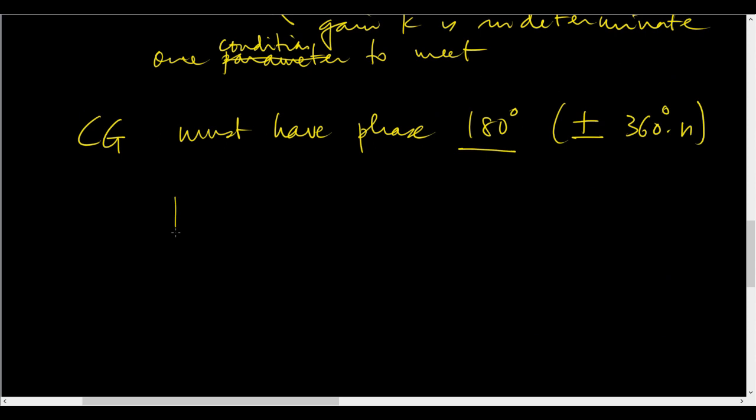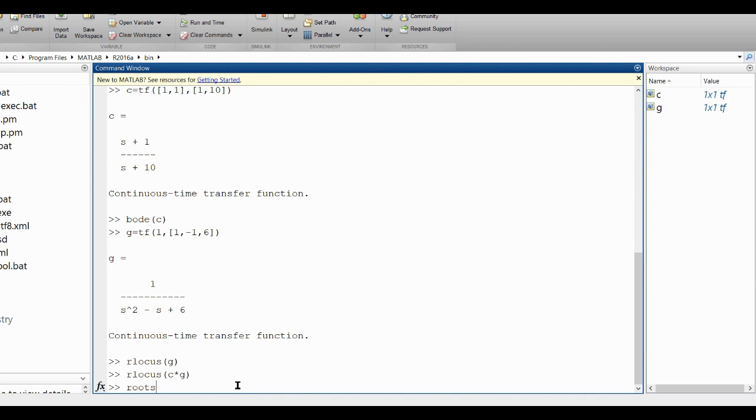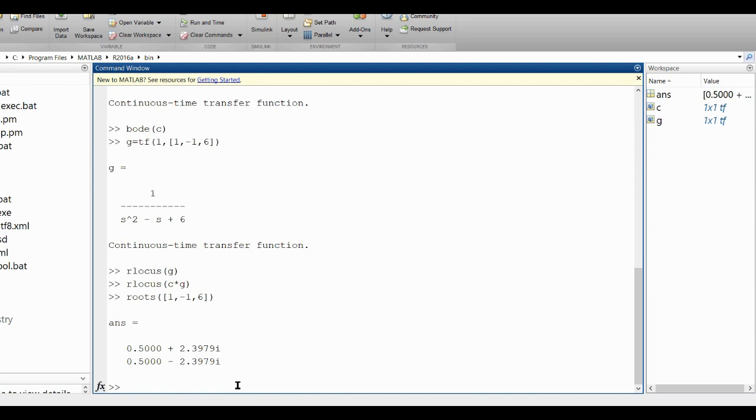All right, we have two poles here. Let's find those precisely. So we'll come here and we will say roots of [1 -1 6], and they are 0.5 plus 2.4i.